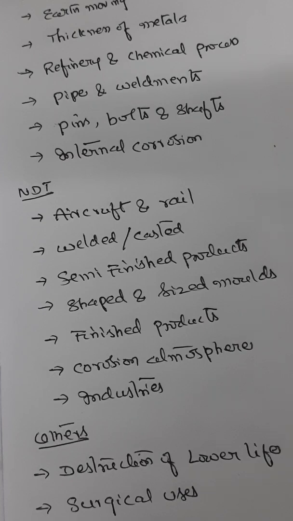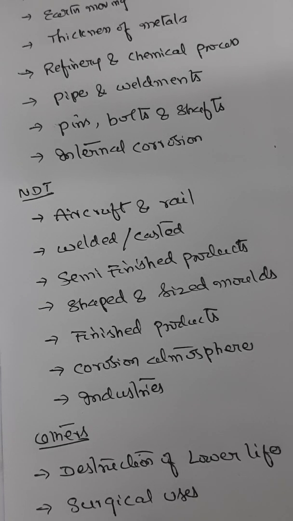Ultrasonics is used in the testing of defects in welded, cast and forged materials that are generally used in industries. Ultrasonic testing is used in semi-finished products such as bars, pipes, sheets, etc. in metal industries.